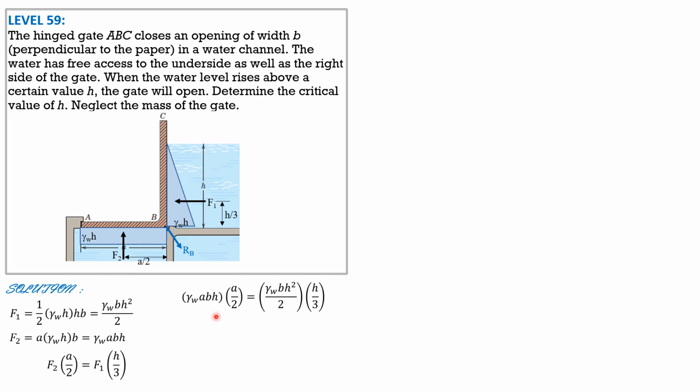So we can cancel gamma of water BH over 2. What remains on the left side is A square, and on the right side H square over 3. So A square equals H square over 3. From there, H is A square root of 3. So that's it for this problem.